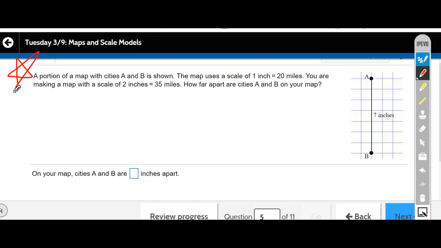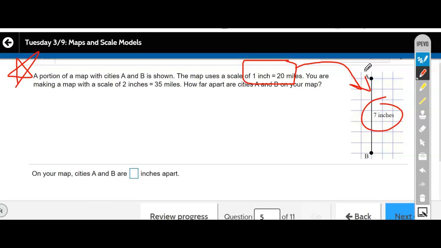We got a map that has two cities. They are 7 inches apart on this map using this scale, 1 inch equals 20 miles. So if I use that scale, these two cities are 7 inches apart. We don't know how many miles that is, though, do we? All right.